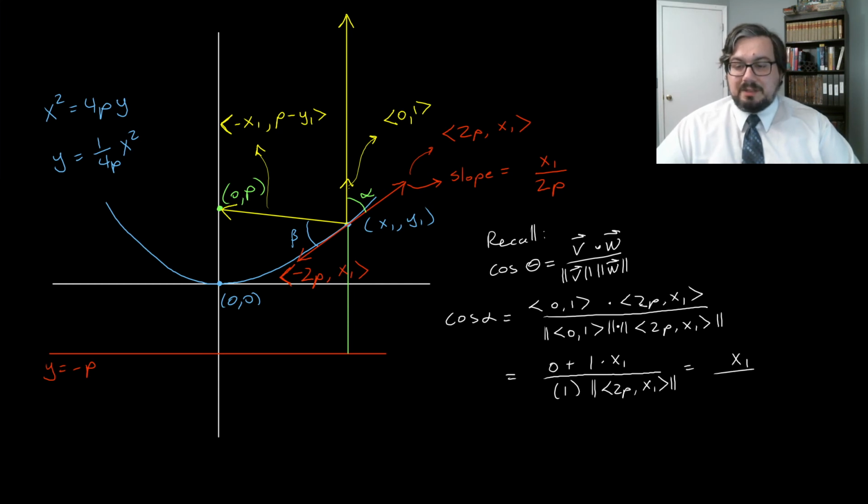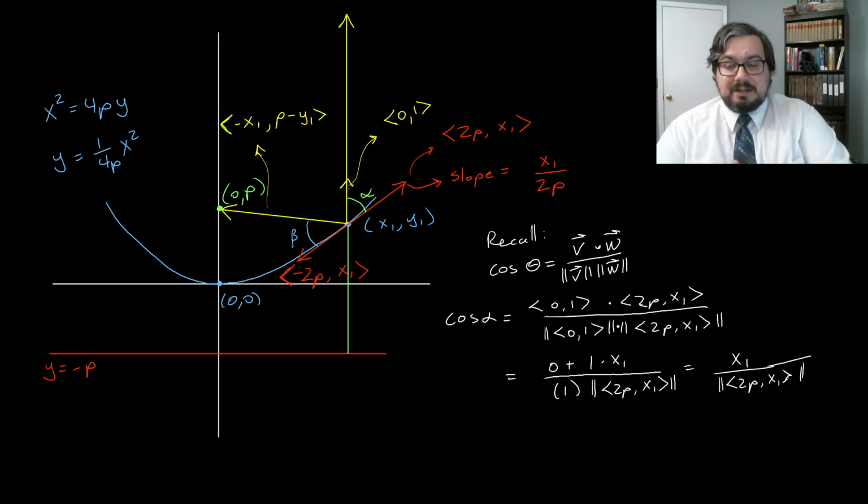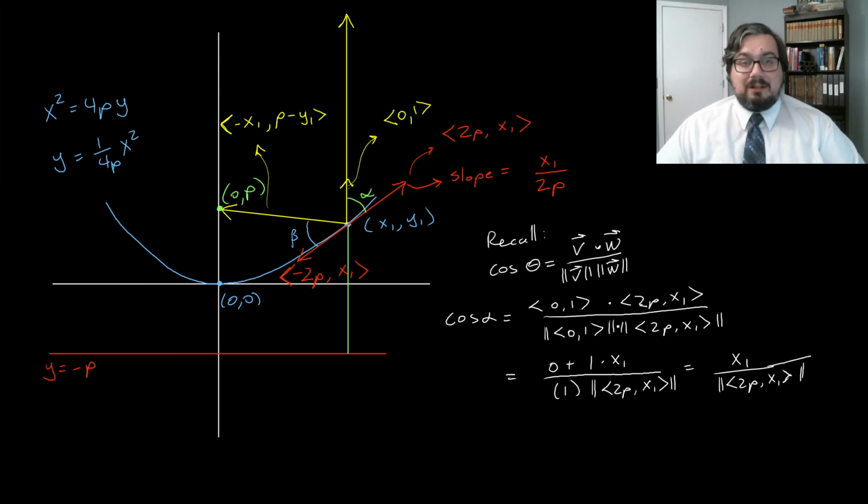So we wind up with x1 divided by the magnitude of the vector 2p, x1. So that's what the cosine of alpha is. Now let's look at the cosine of beta, which is going to be a little more complicated.